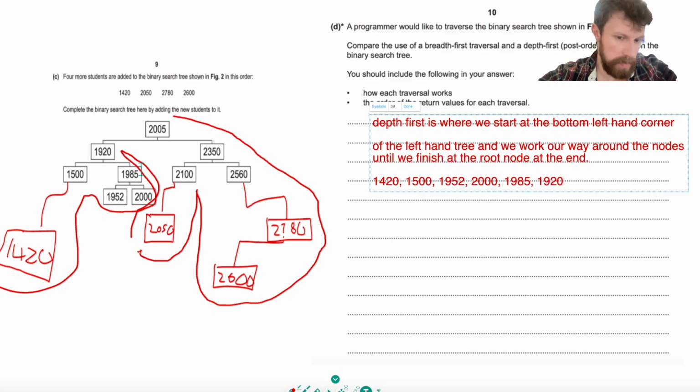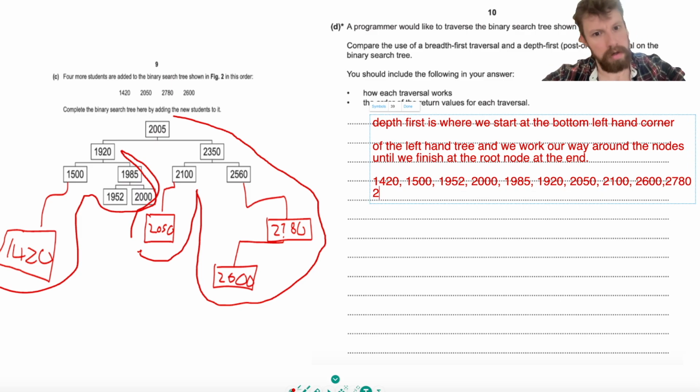And then we jump to the bottom left of the right hand tree. So then we go 2050, 2100, 2600, and then we go around the outside, 2780, 2560, 2350, because we're going around the outside, and then finally 2005.